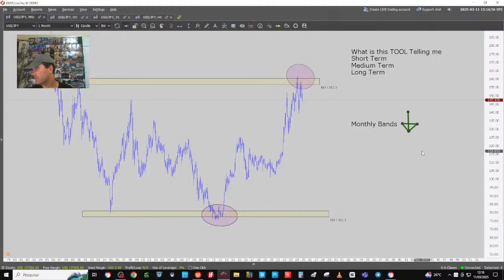Olga says start at the lower band. Do we agree that the monthly bands are telling us, okay, this market should 7 times out of 10 fall, go down? Agreed, everybody?